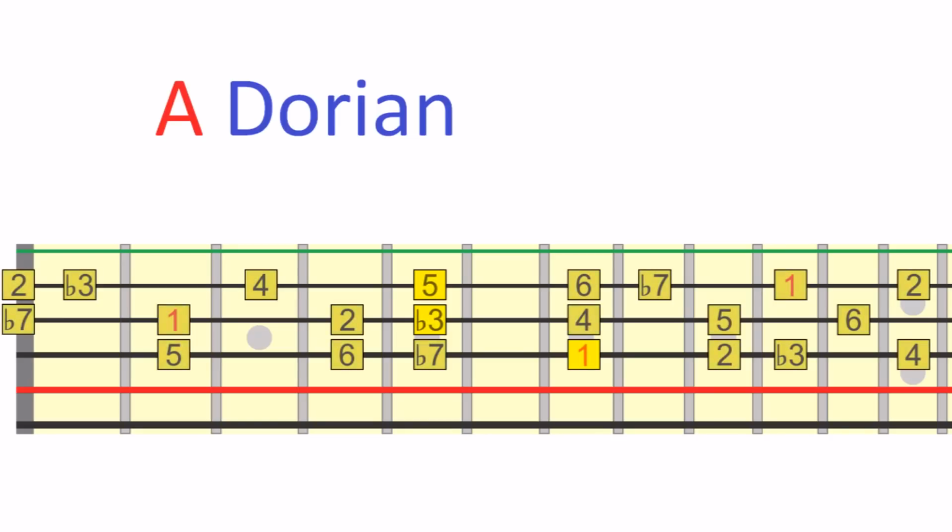You can find the full patterns for each mode on the lesson page, but here we have a harmonization of the Dorian mode that we can use for practice and ear training.